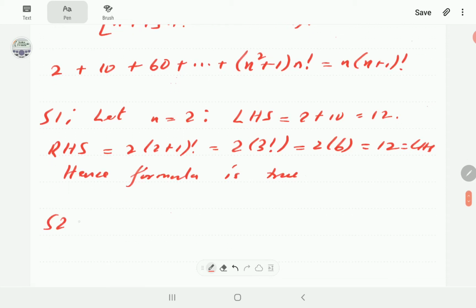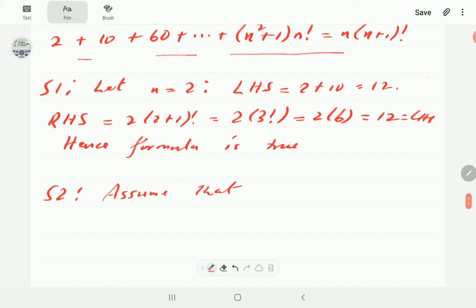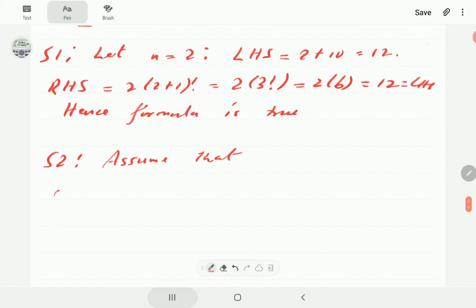Then step 2, we are going to assume that, so basically rewrite this formula, that every n is going to be replaced by k, 2 plus 10 plus 60, n squared plus 1 times n factorial is n into n plus 1 factorial.